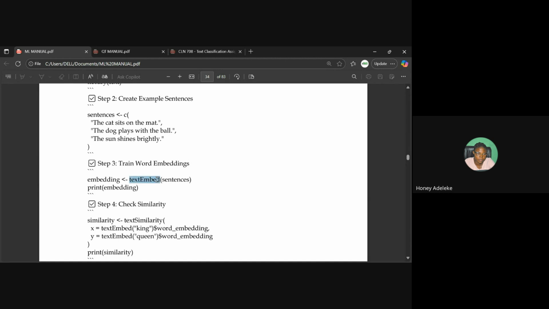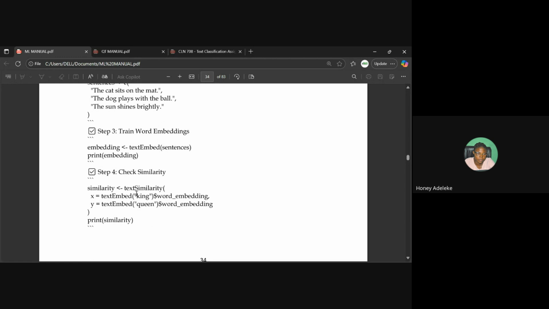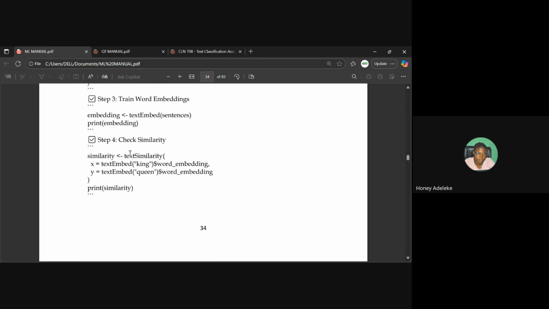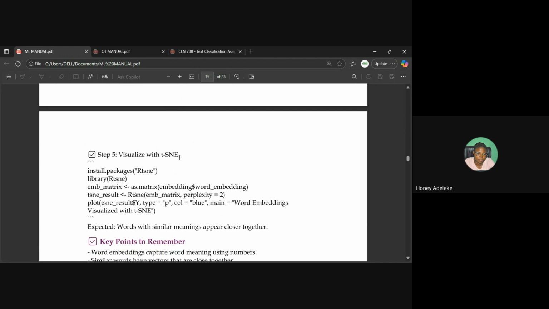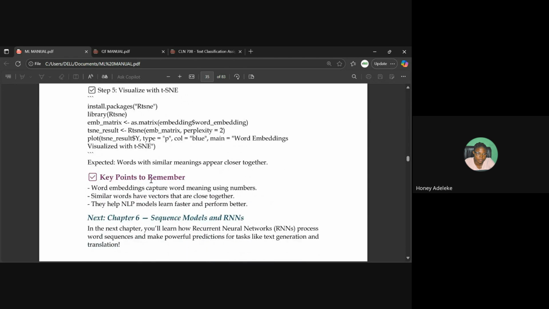I told us earlier that it's already there, but you just have to have an understanding of how it works. Then you check the similarity, you visualize. That's where you will be able to draw the chart to see how close some of the words are to each other. And then you'll be able to probably make your conclusion based on that.